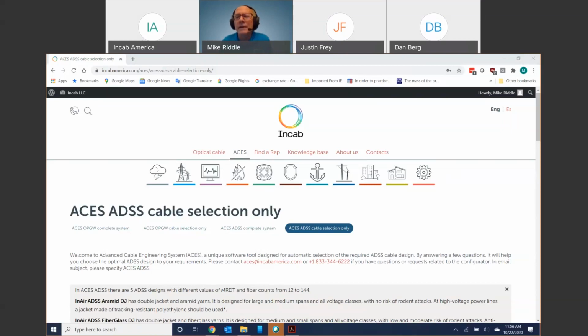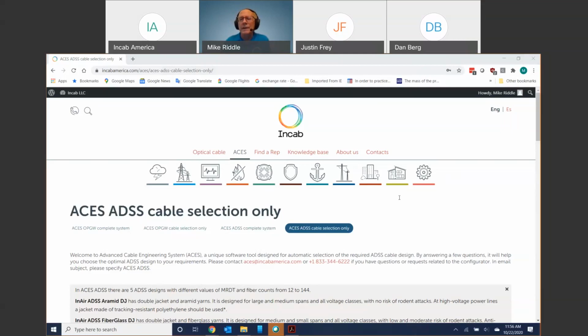In that ADSS section, was there any mention of excess sag and ice loading? I don't recall. I'm not sure what you mean by excess sag, but I see my colleague Justin Fry has given the title of the UTC report.